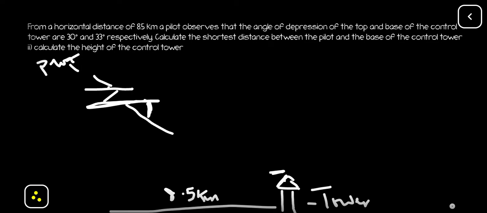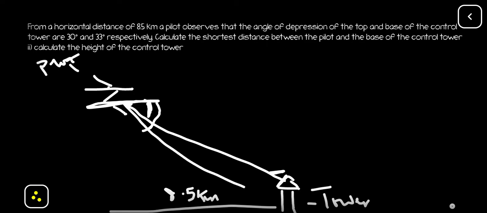So you'll be able to draw it to the top, right? Then 33 degrees from that same point could be a little bit after that. So from that same point there, you can draw down to the bottom. Okay. So with this now, you can get the diagram for the pilot and the tower.